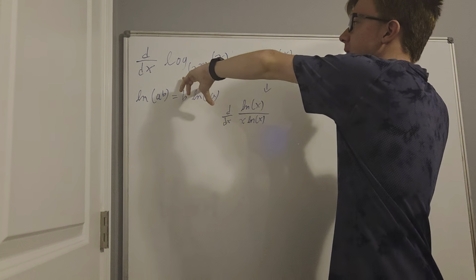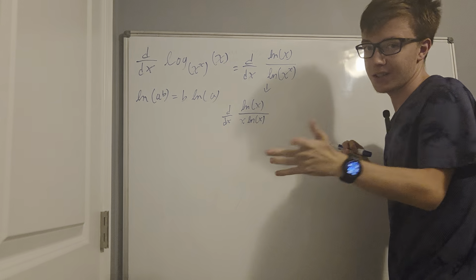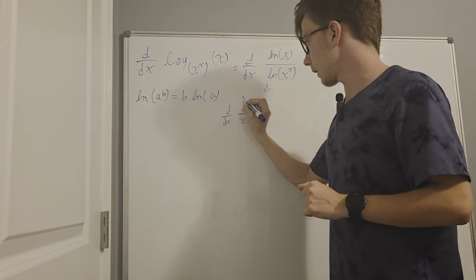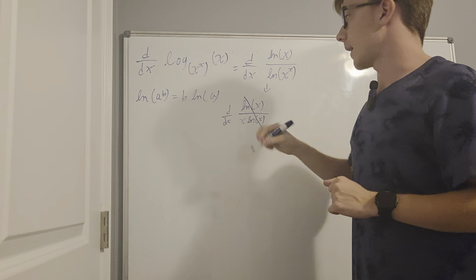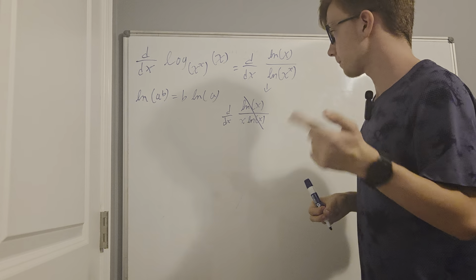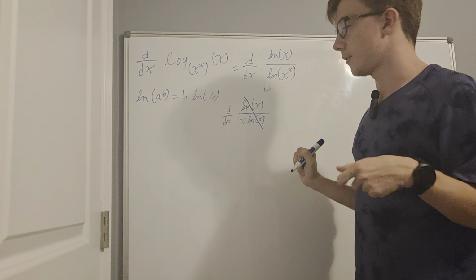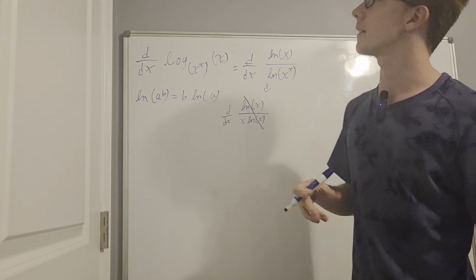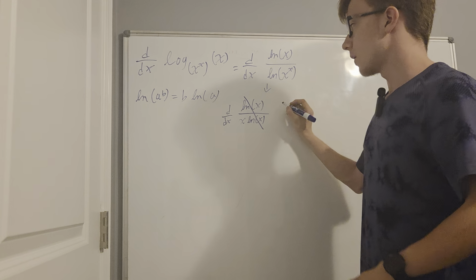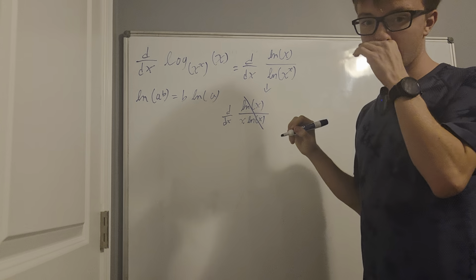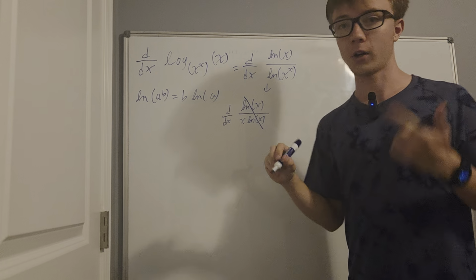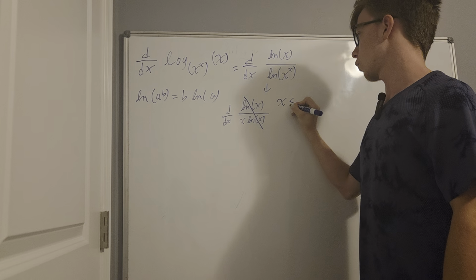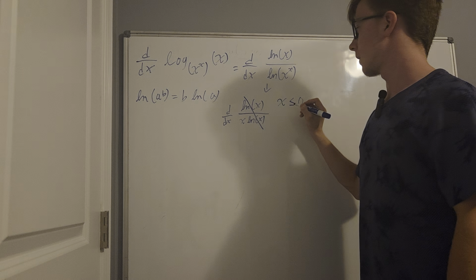For something that looks so wrong over here, this is looking pretty nice. So now I can cancel these out. Now remember, if I'm canceling them out, I have to figure out where they're equal to 0 or undefined, because if they are, then this can't be true. And the only situation where the natural log of x is equal to 0 or undefined is where x is less than or equal to 0.